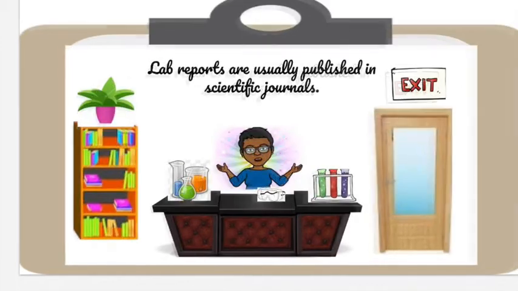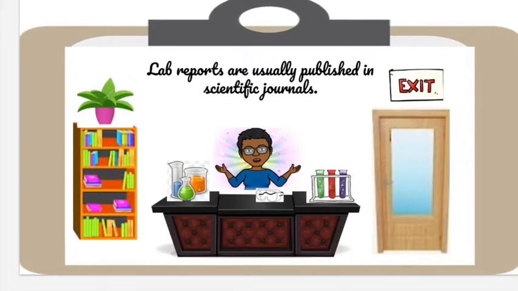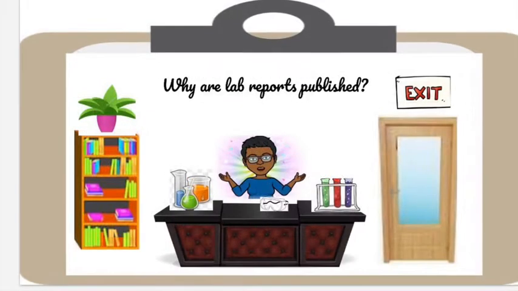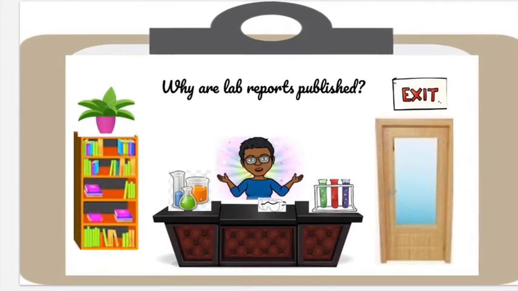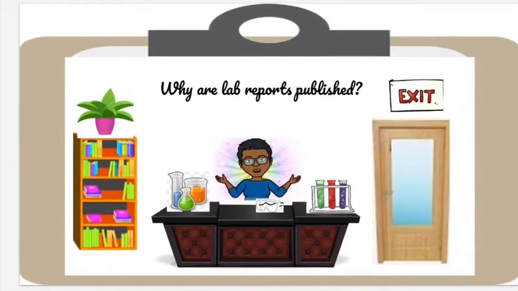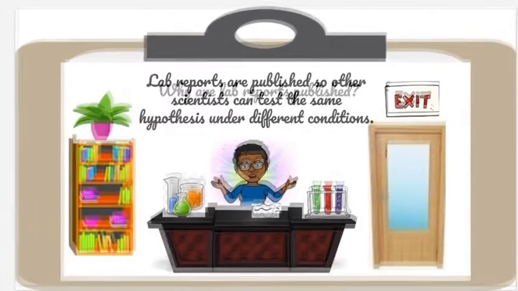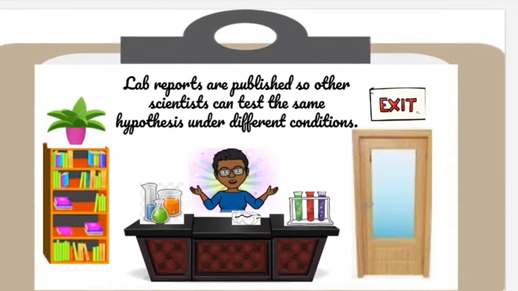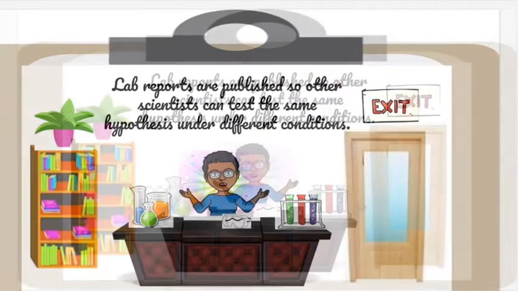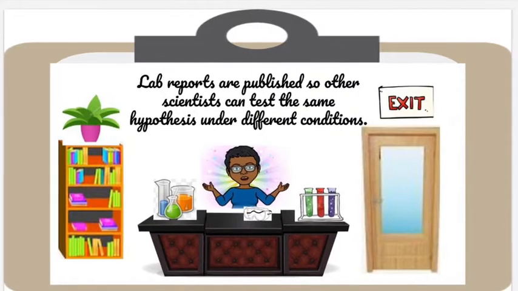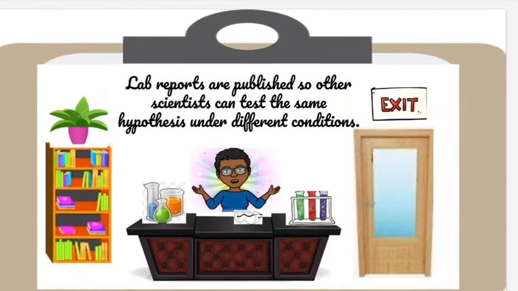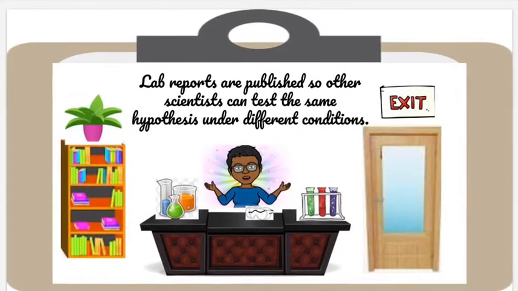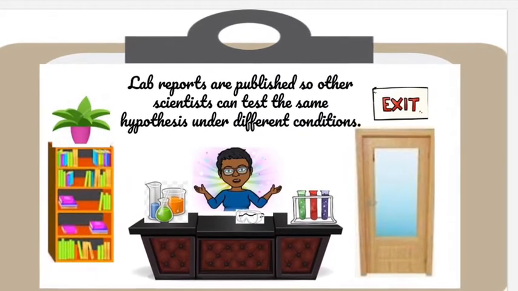Lab reports are usually published, and they're usually published in what we call scientific journals. One of the reasons why they are published is so that scientists who might want to consider doing a similar scientific study, or who are looking to do a similar experiment, can go back and look at those lab reports and see what went on in them, and they can design an experiment from there.